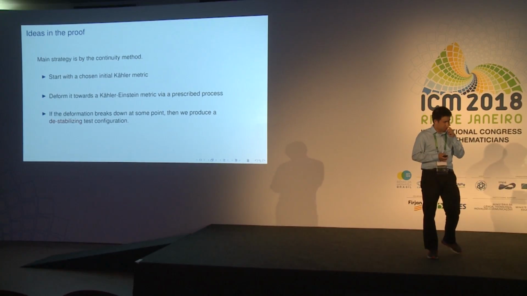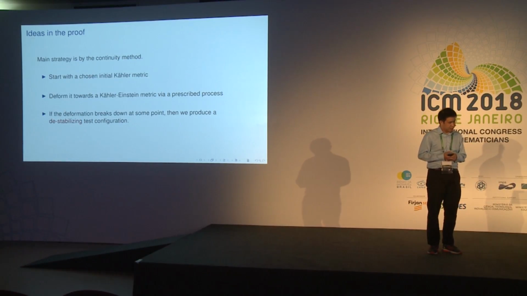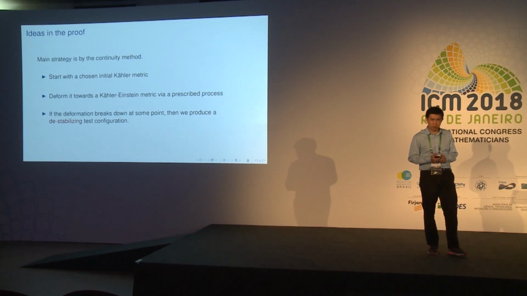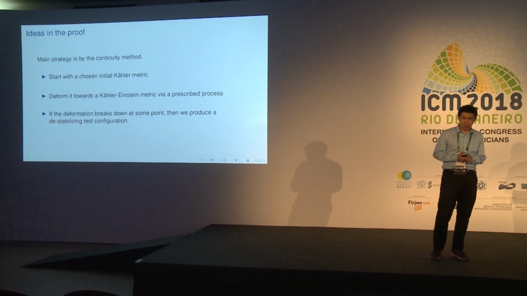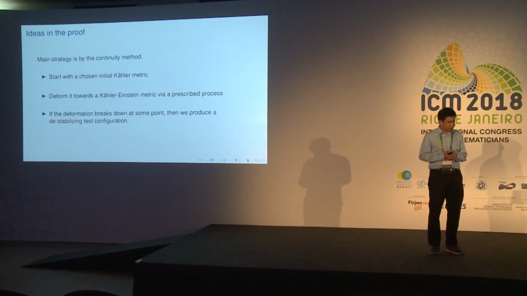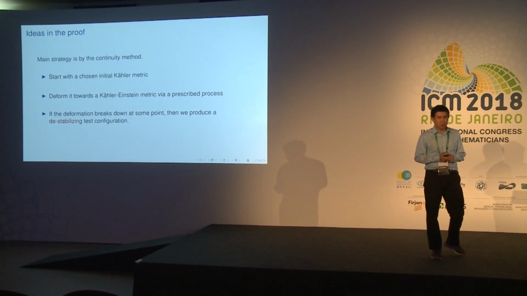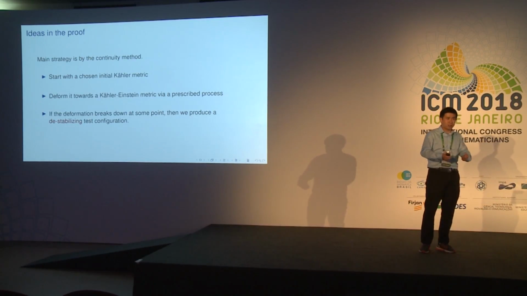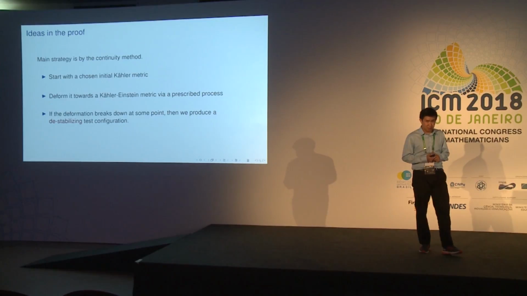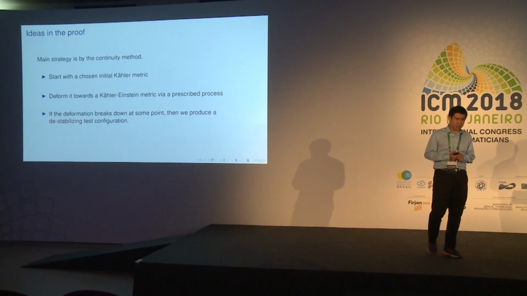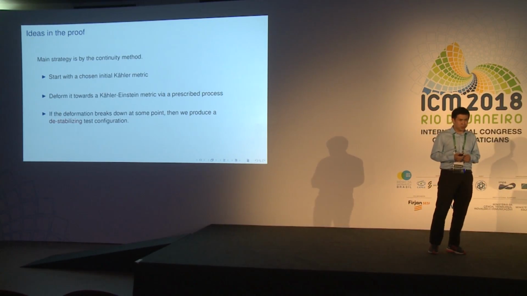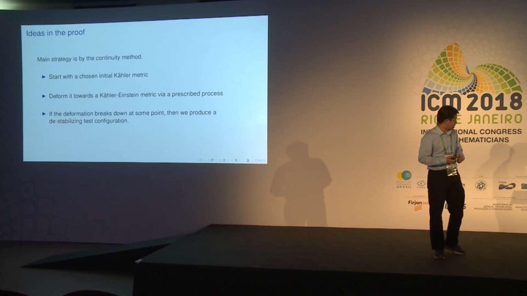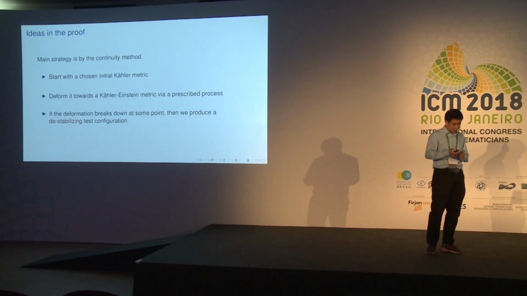So now I want to briefly explain the ideas in the proof and show that it's related to the degenerations of Kähler-Einstein metrics. The main strategy is a continuity method. We start by choosing an initial Kähler metric, and then we try to deform it towards a Kähler-Einstein metric via a prescribed procedure. And we know that we cannot always do this, so this deformation must break down at some point.